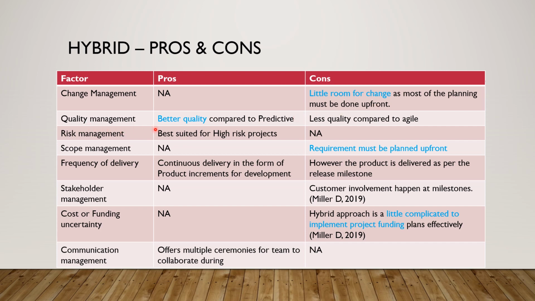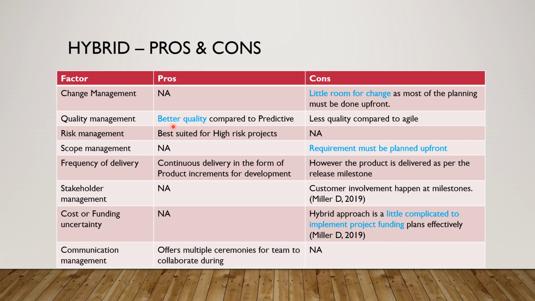Next is quality management. It is important to deliver the best quality to our end customers. When it comes to hybrid methodology, the planning or the requirement finalization happens way upfront. However, the implementation or the development phase of things can be done in an incremental fashion.